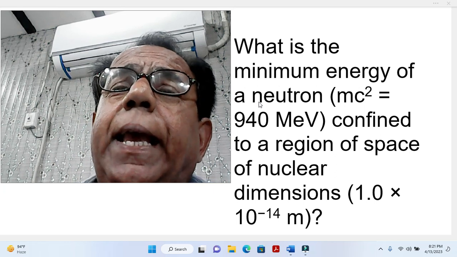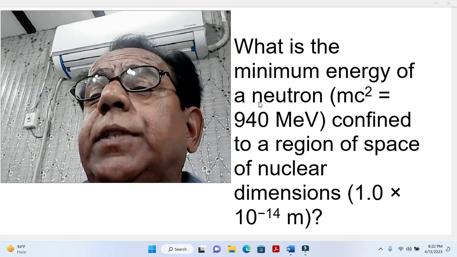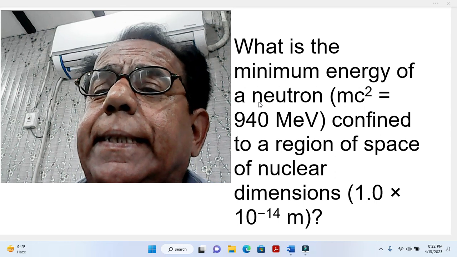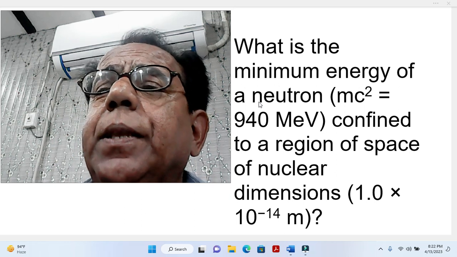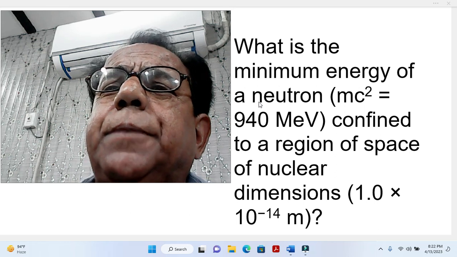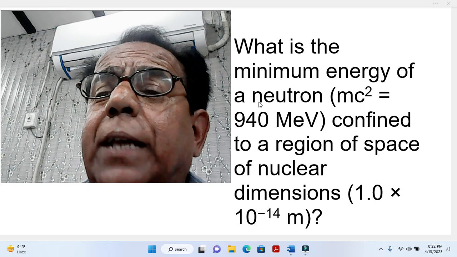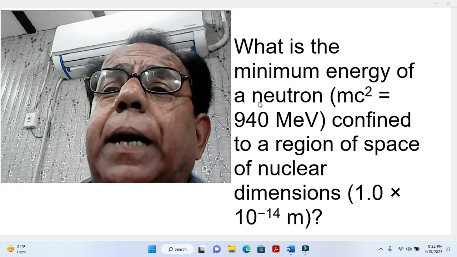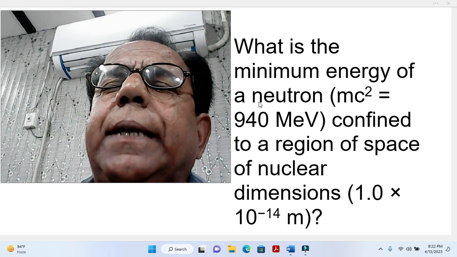As we have pointed out many times, in physics 10 to power minus 14 is less meaningful than 10 to power minus 15 or 10 to power minus 12 or 10 to power minus 18.